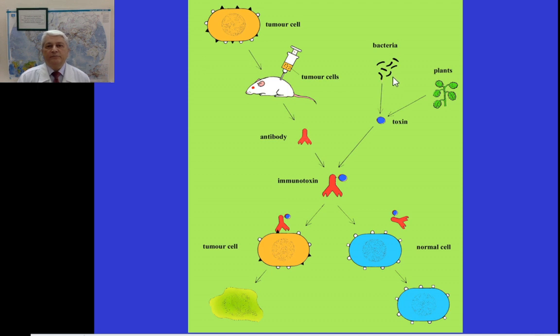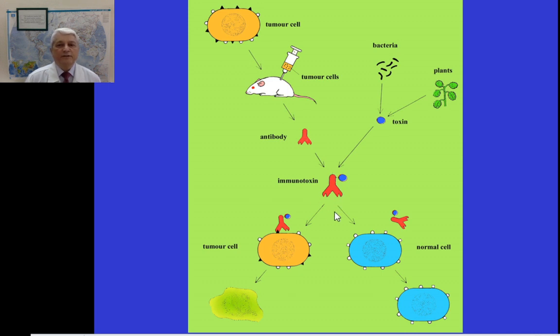Then we take a poisonous bacteria or poisonous plant, purify toxin, and chemically combine immunoglobulin monoclonal antibody with this toxin. And finally we are receiving immunotoxin.